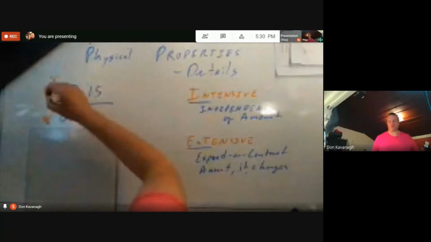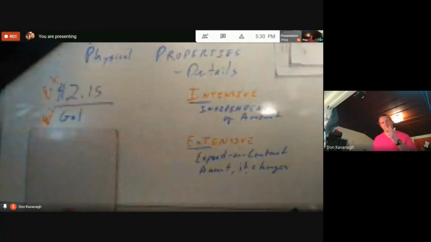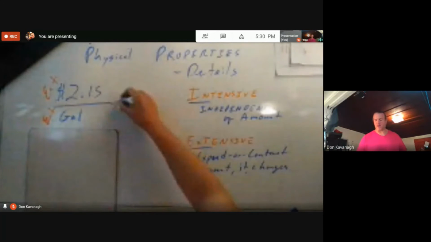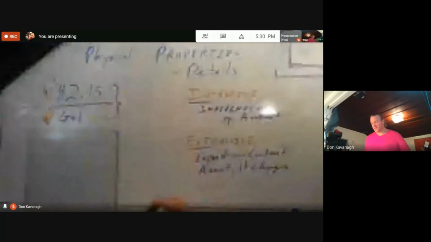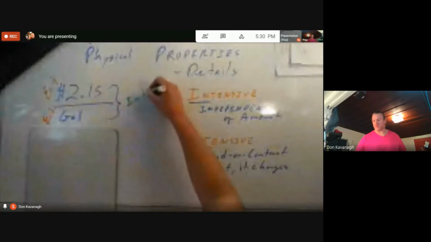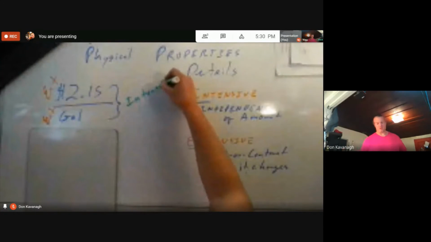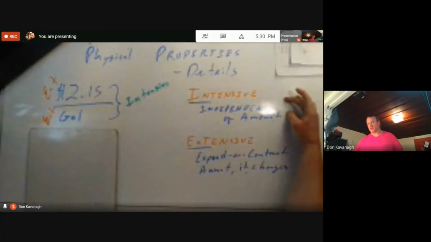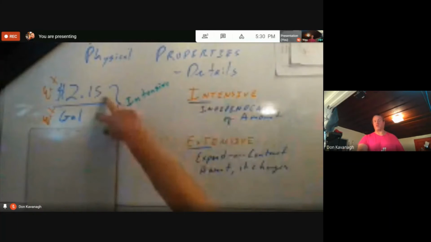kind of right there. But when you take two extensive properties and divide them by one another, what you're left with is an intensive value. Because consider the price of gasoline, whether you fill up your tank or get half a tank.